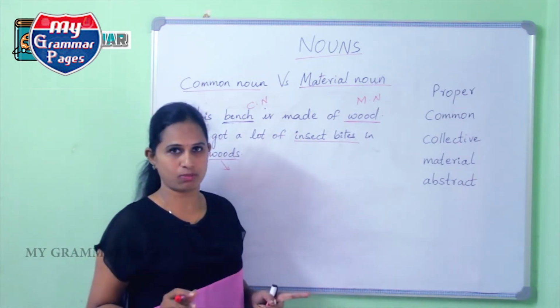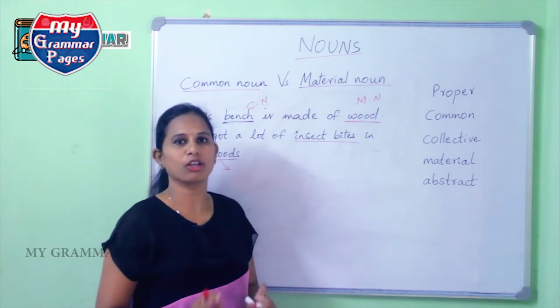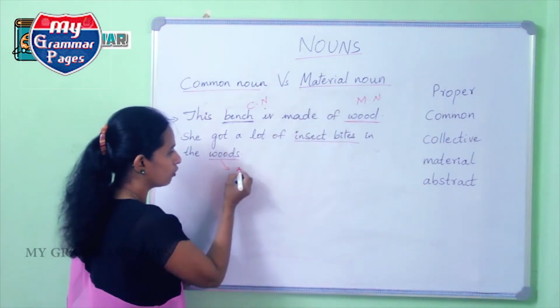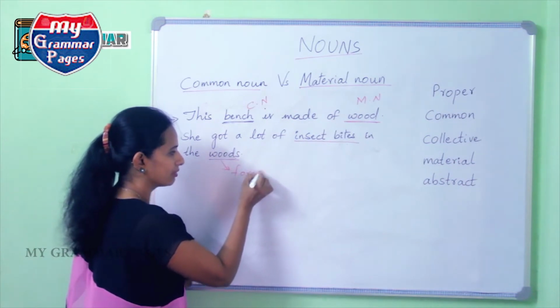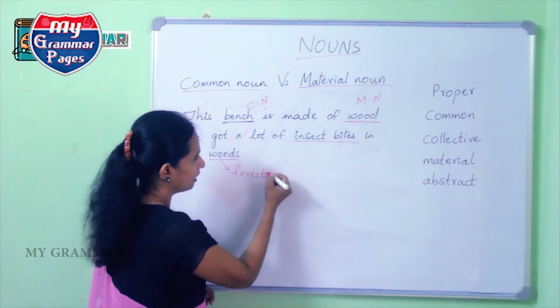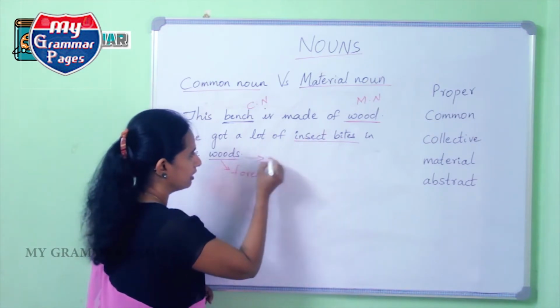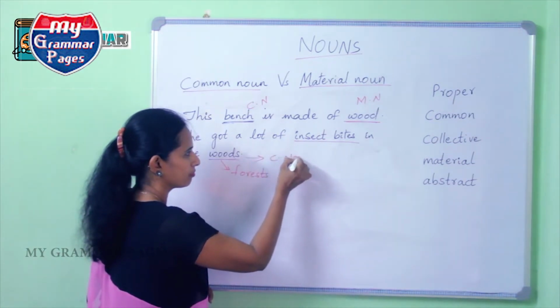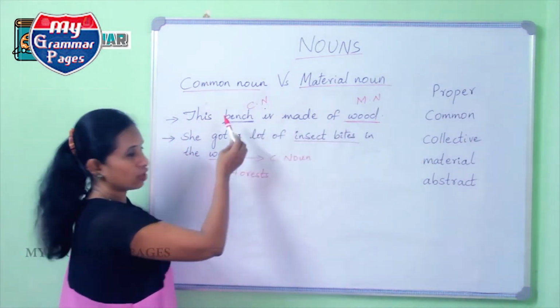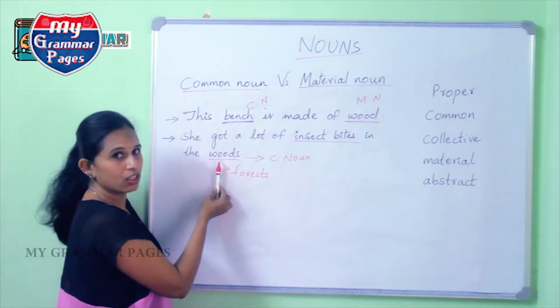Wood, woods cannot be written. Water, waters cannot be written. So wood is different. Wood is a material noun, and here the meaning of woods is forests. Here it's not a material noun, it's a common noun. So this is the raw material from which a bench is made, and this is the forest.